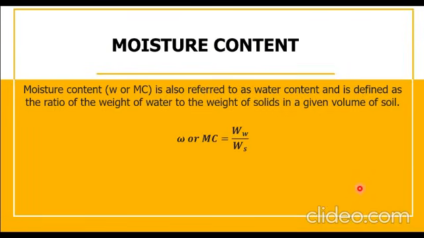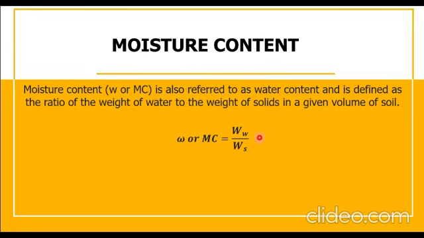Next, we have the moisture content. Moisture content is also referred to as water content and is defined as the ratio of the weight of water to the weight of solids in a given volume of soil. This will be omega or MC. I prefer MC to be used rather than omega.